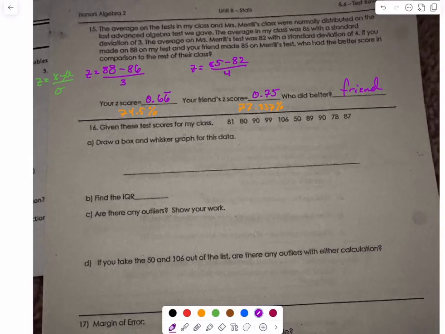So it looks like the data sorted would be: 50, 78, 80, 81, 87, 89, two 90s, 99, and a 106. 2, 4, 6, 8, 10 data points.